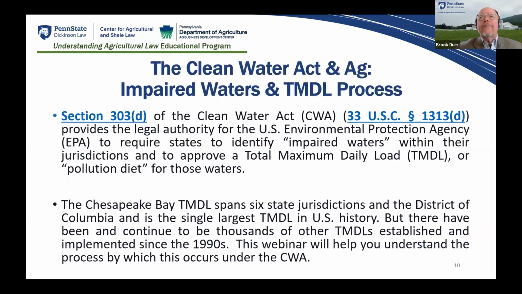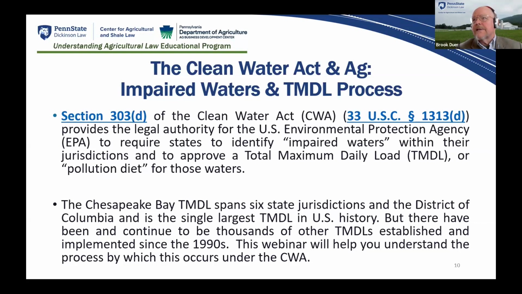Okay. So the impaired waters and TMDL process. This all arises from Section 303(d). These environmental attorneys love to refer to everything by its number, and hopefully I don't fall too far into that. I like to use words rather than numbers. But in any event, 303(d) is the section of the statute as enacted.